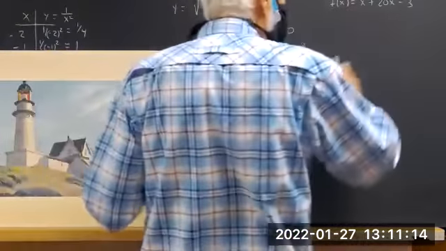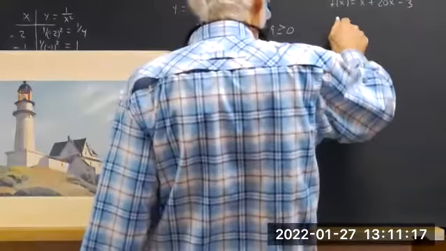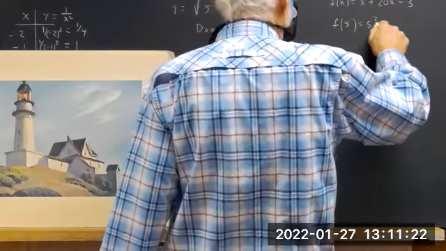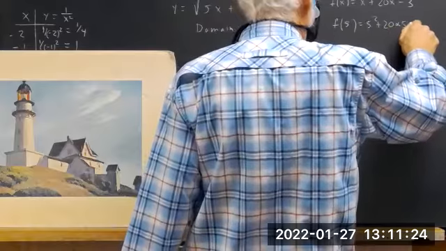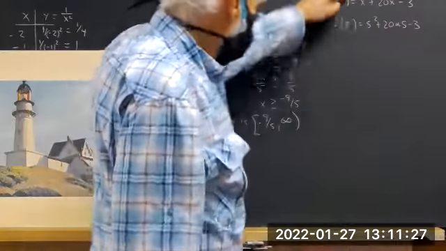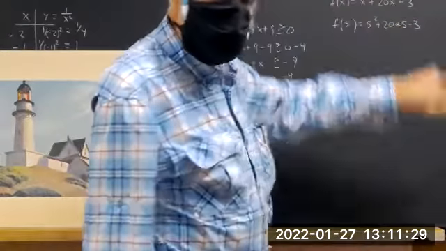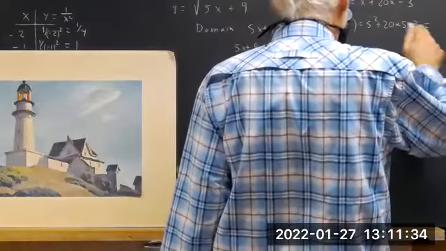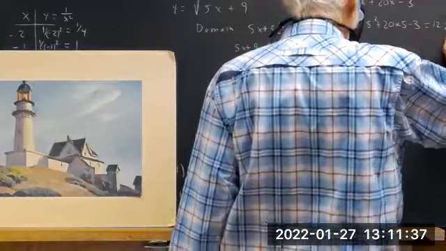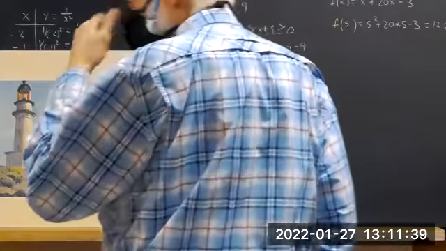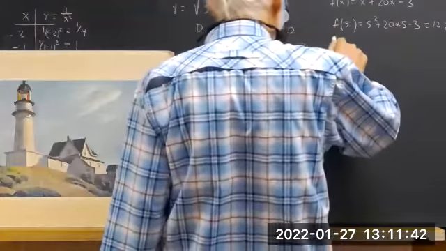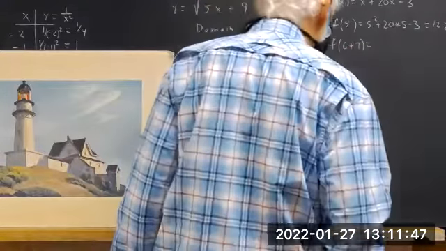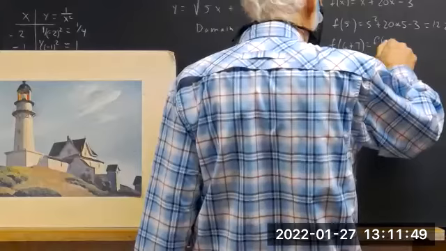Your a number would not have been 3, but if your a number is 5, x has been replaced by 5, so replace all your x's by 5. That gives you 25 plus 100 minus 3, which is 122, I think. Then f of 6 plus 7, of course, is f of 13.